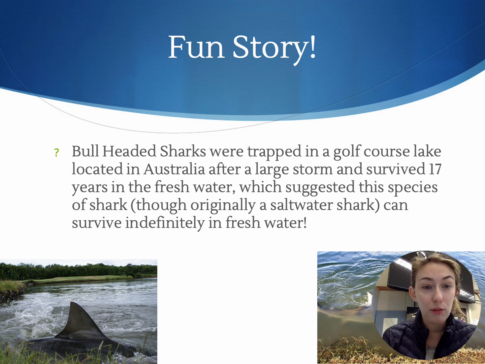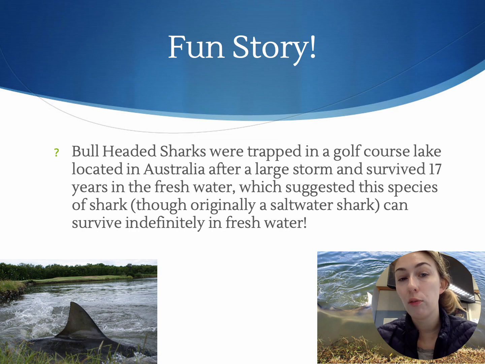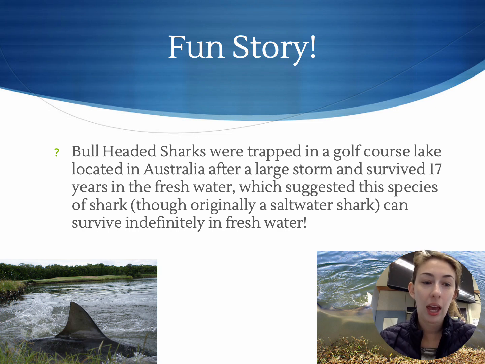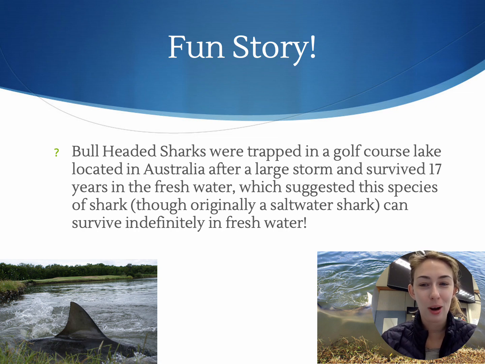These lakes were freshwater, and originally we thought these sharks could only live in saltwater, but they managed to live in those lakes for 17 years. Then another storm hit, and these sharks just disappeared. We aren't sure if they died or got back into the saltwater ecosystems, but it proves that some species are the exception to the rule and can go between saltwater and freshwater ecosystems.